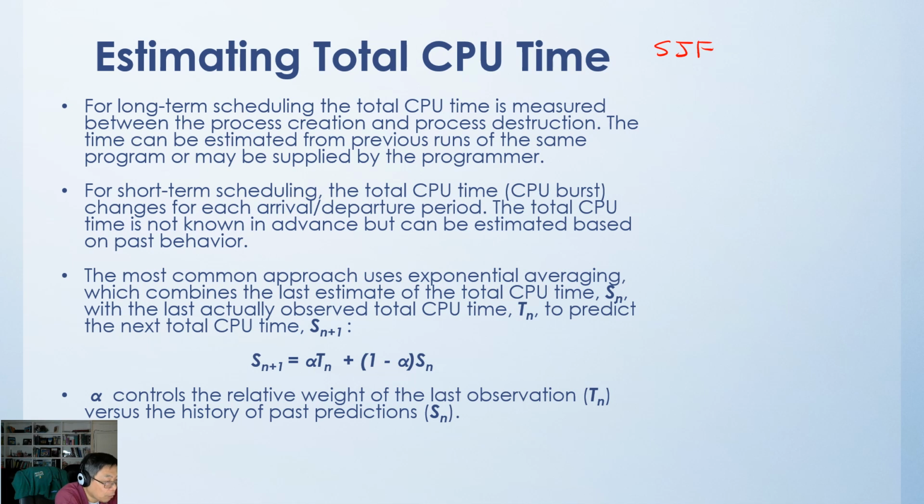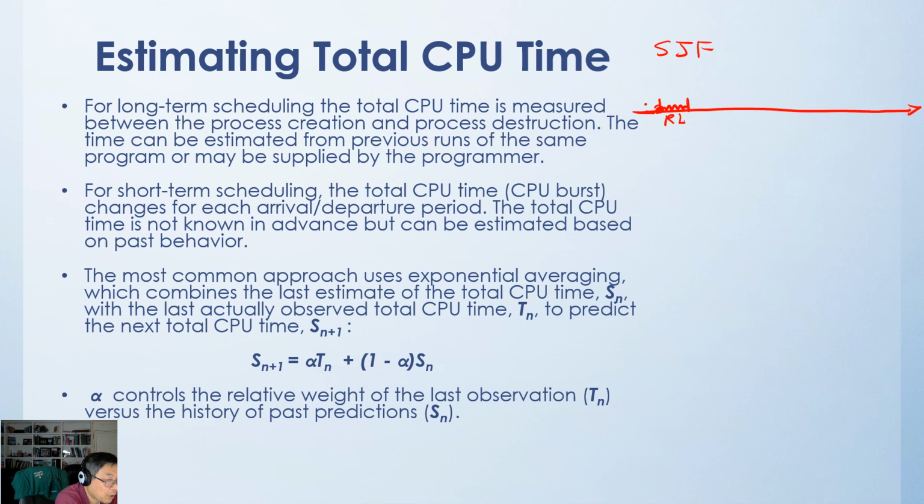The shorter the total CPU time, the higher the priority. Once a process is created, it's in a new state, and if the long-term scheduling algorithm decides to move this process into the ready list, then the process is in the ready list, fighting for the CPU.